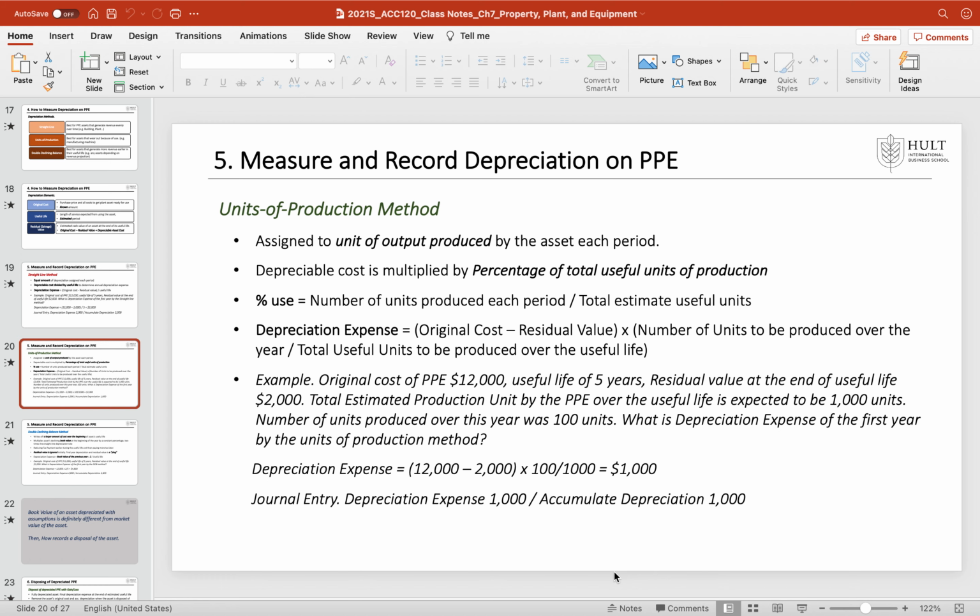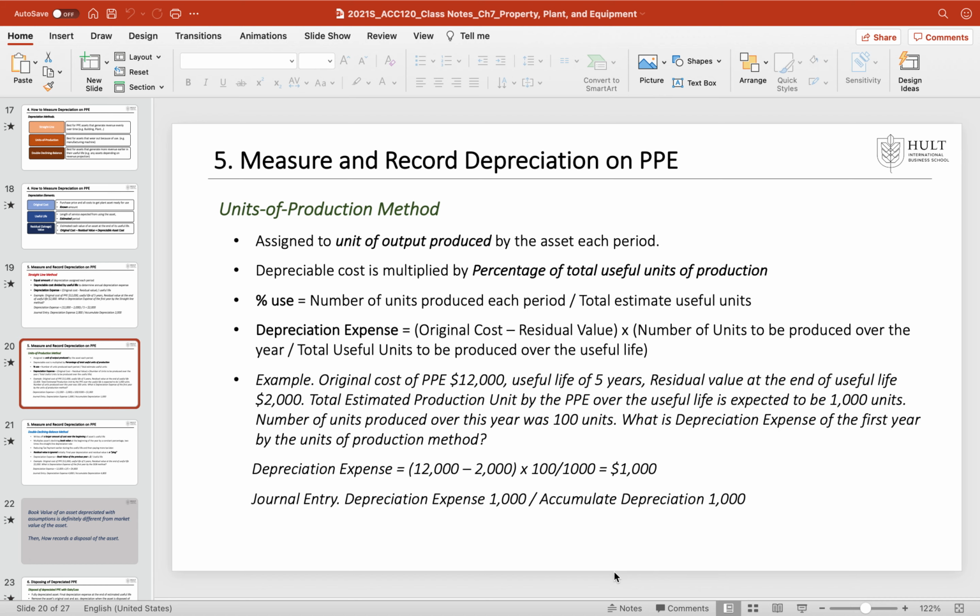Now let's continue with the units of production method for measuring and recording depreciation on the long-term asset. The units of production method is assigned to the unit of output produced by the asset each period.